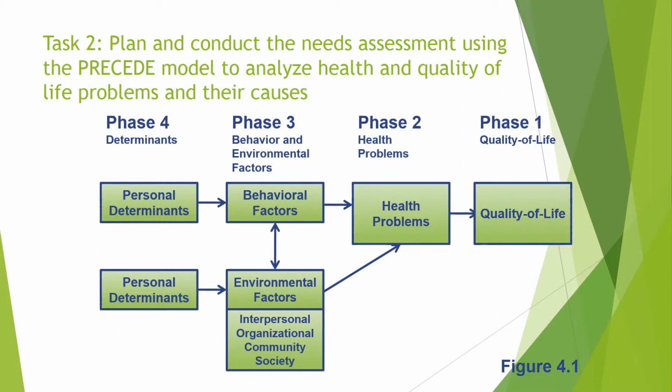Those are all environmental things, and every one of them has people at the root of it. If it's people around me smoking, those people have their own sets of personal determinants that make them act the way they do, which creates an environment that I live in.